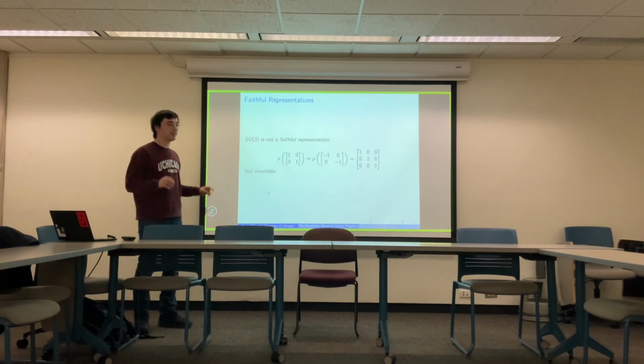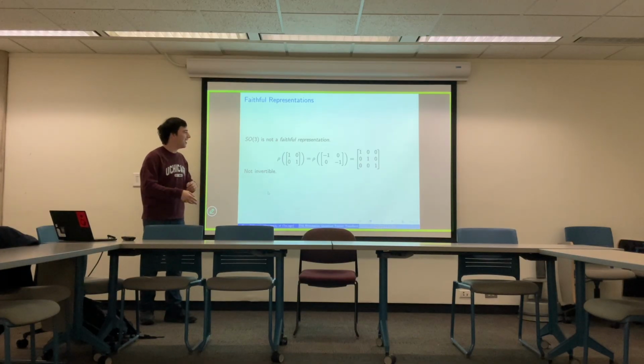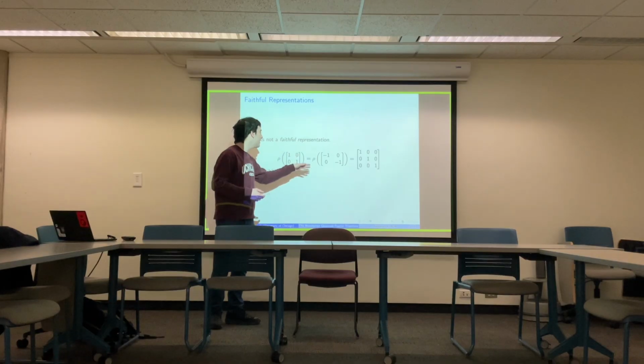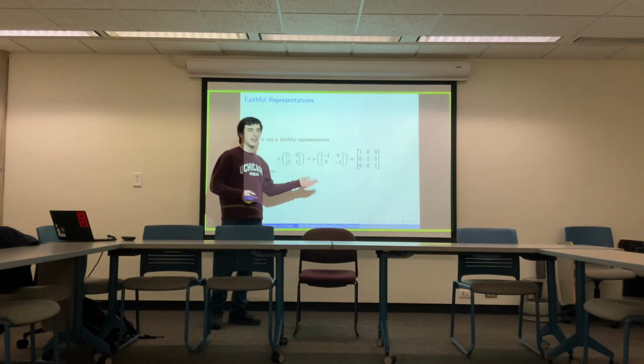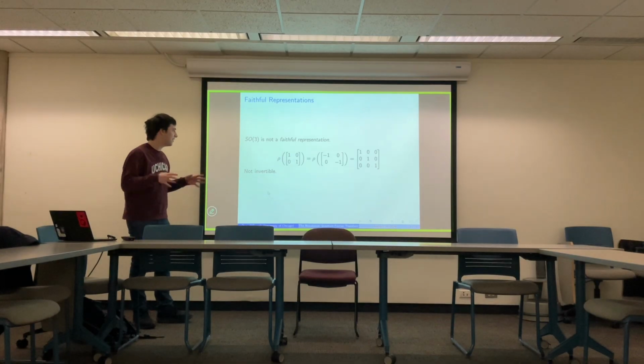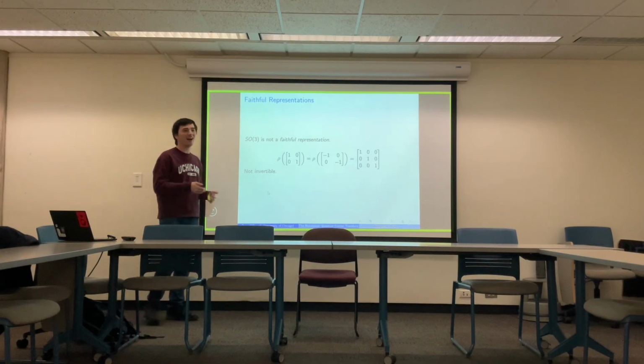But it's important to note that this representation is a little different from the ones we've seen with the point groups of polygons and polyhedra. This representation is not faithful, where a faithful representation is injective. Here, with this SU2 representation, two matrices map to the same underlying rotation in SO3. So if we try to invert the map, we're not going to be able to; it's not invertible.